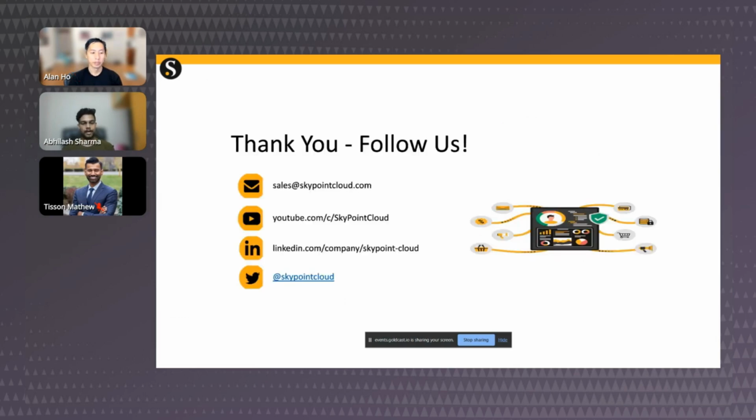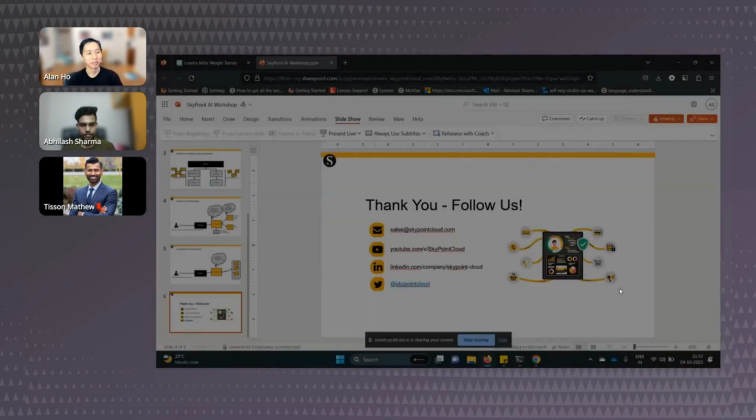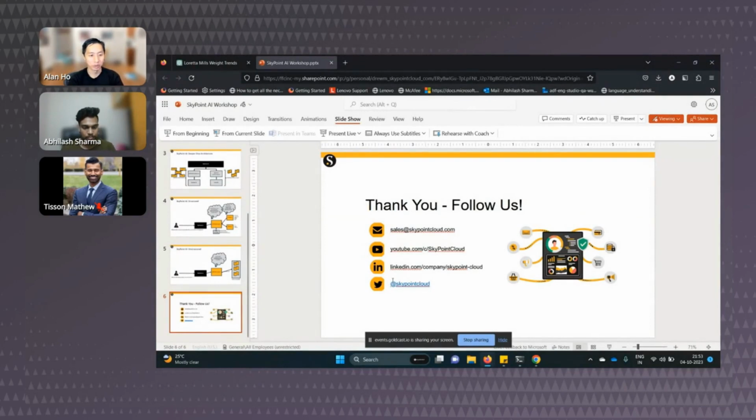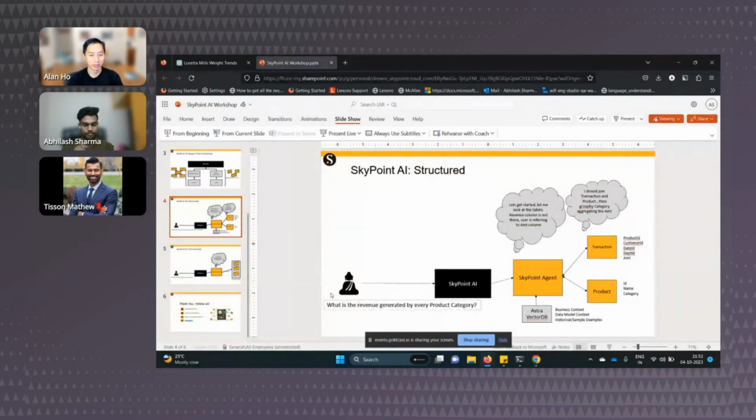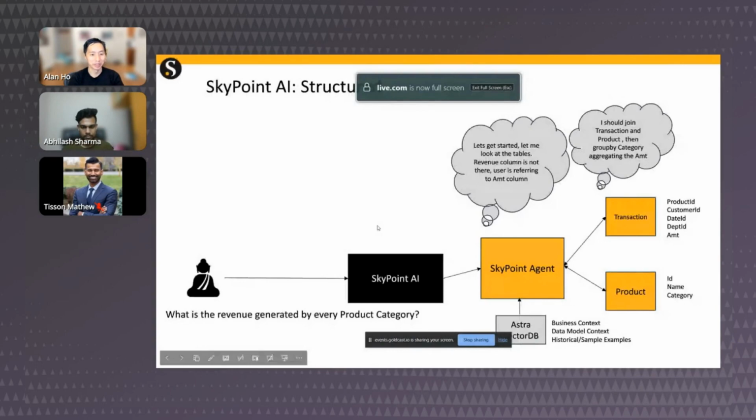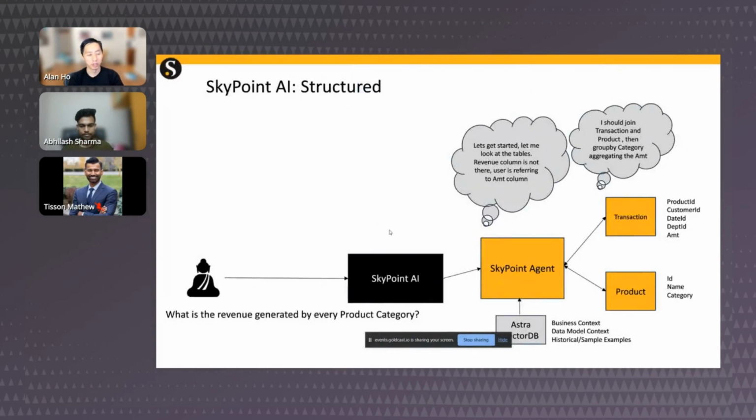Yeah, thank you. Can I ask a few questions, Abhilash? Do you mind going back to the structured query portion? I just have a couple of questions for you. So when you go to the structured, you're doing multiple things at one time, right? You're first figuring out whether it's structured or unstructured.